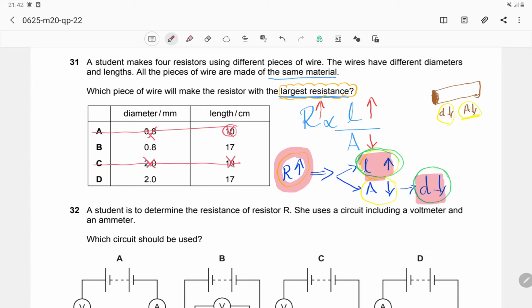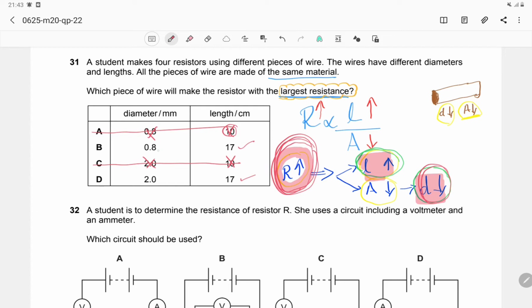Now we have option B and D. In both, the lengths are equal. Now let's look at the diameter. In order to get a greater resistance, the diameter should be smaller. Now let's find in which option the diameter is smaller.